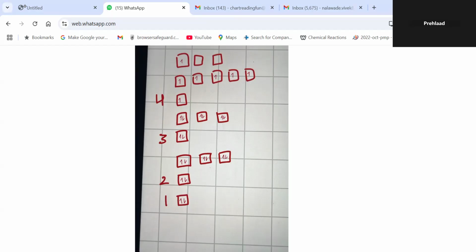Can you share chromium? Chromium is 24. It was right next to magnesium. Not magnesium, manganese.